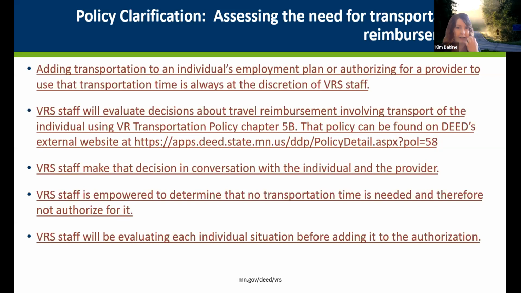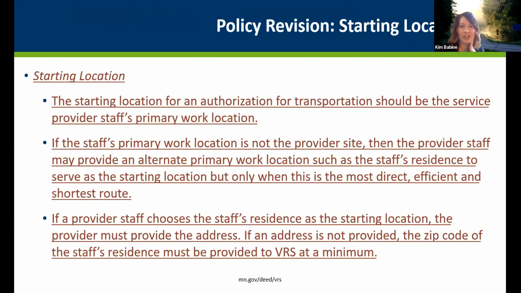The last piece I wanted to bring up is a change regarding the starting location. So when we're calculating travel time and the starting location, we changed it a little bit so it's easier for everyone involved. So generally the starting location is the service provider, the community partner staff, your primary work location.